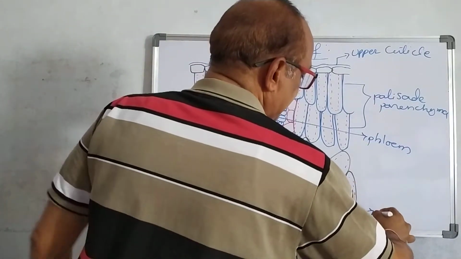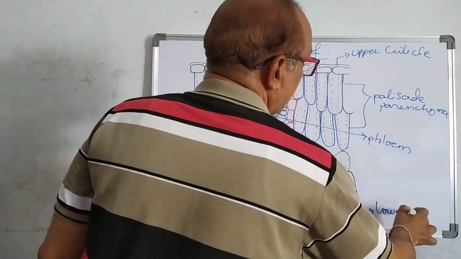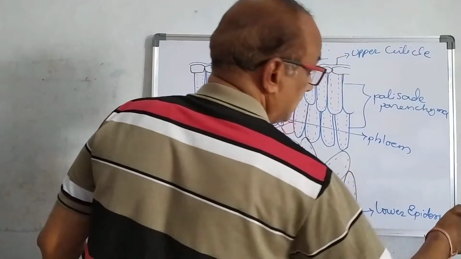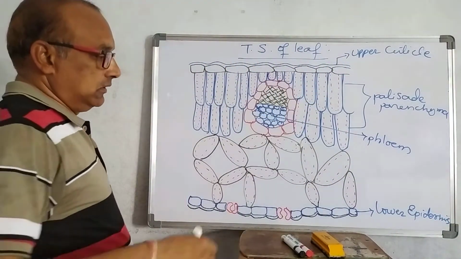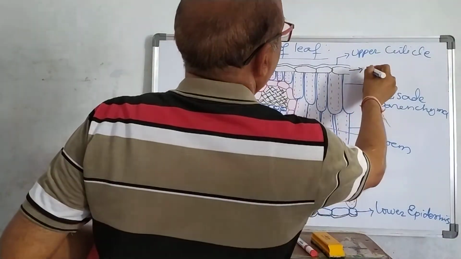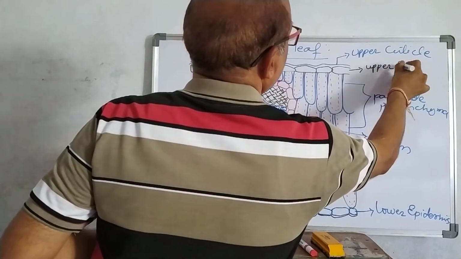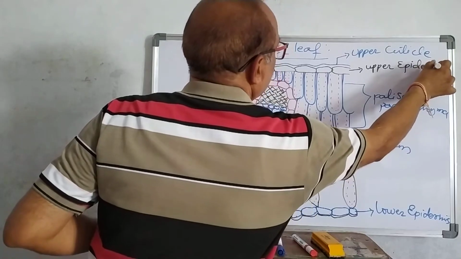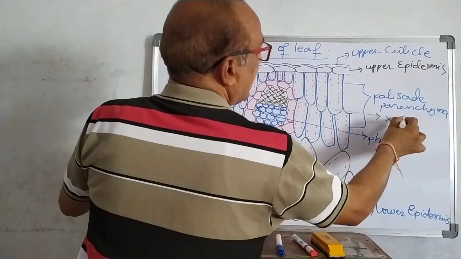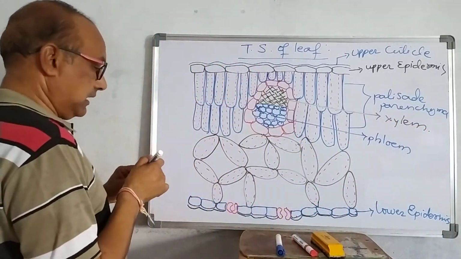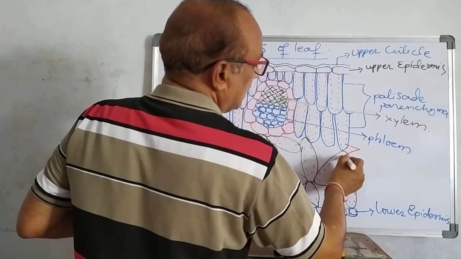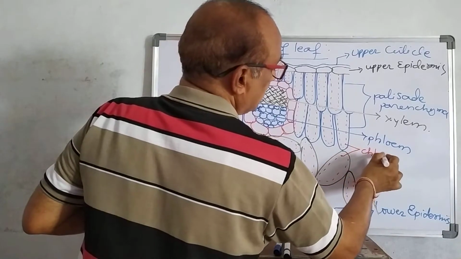And this is called lower epidermis. And this black color one, upper epidermis. And this is called xylem tissue, and these red colored dots are called chloroplasts.